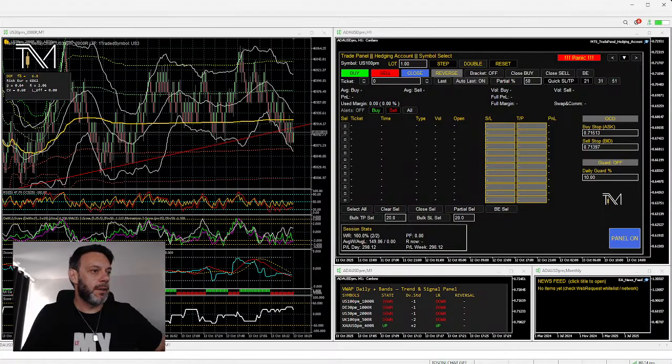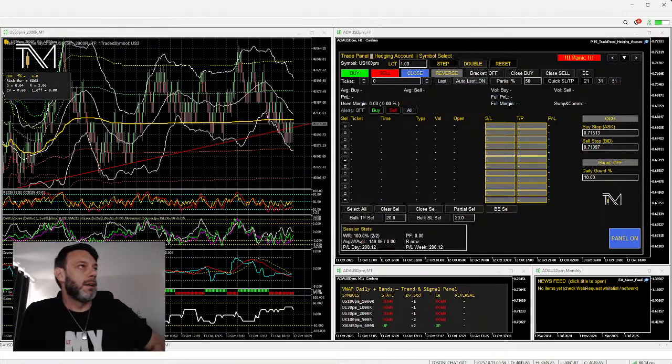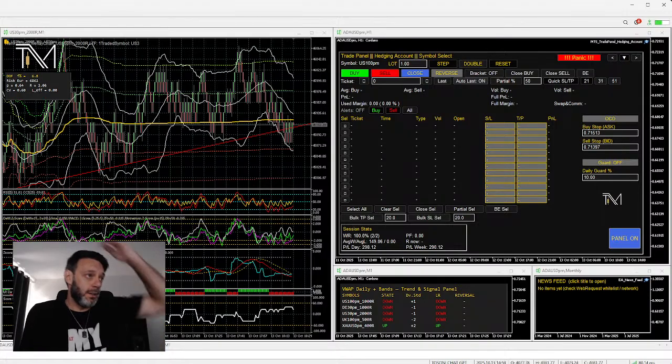Okay, this is the situation. This is the all-time high, and it's developing something that seems like a forming wedge or something.